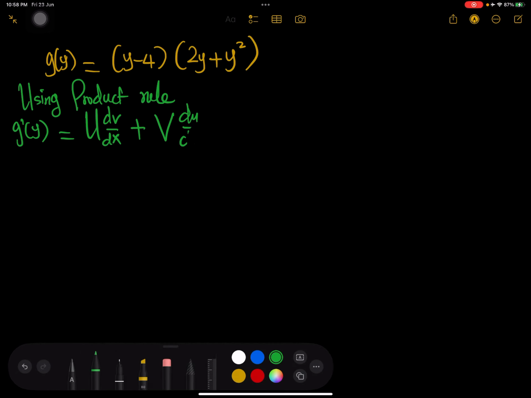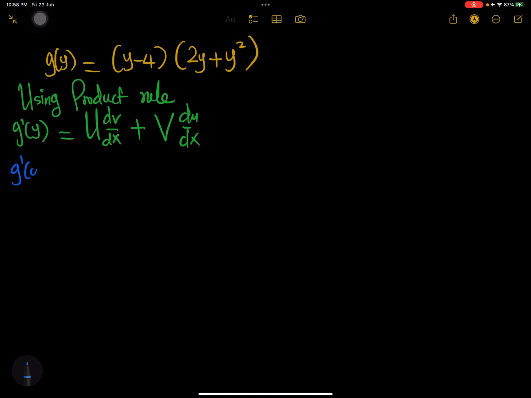Let me keep this first. This can be rewritten as g prime of y equals u dv dy plus v du dy. So it's going to look like this.